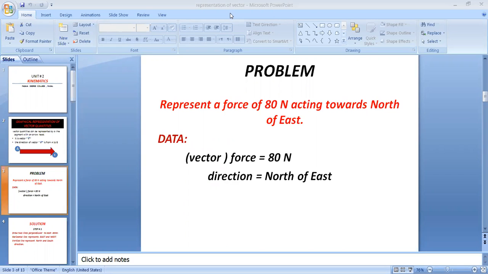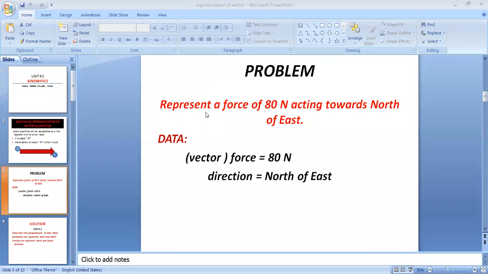Mass on a paper? Mass is a scalar quantity. What about speed? Can we draw a speed on a paper? No. So how can we draw a vector quantity on a paper or anywhere? We have to select a scale. It will be discussed later on.